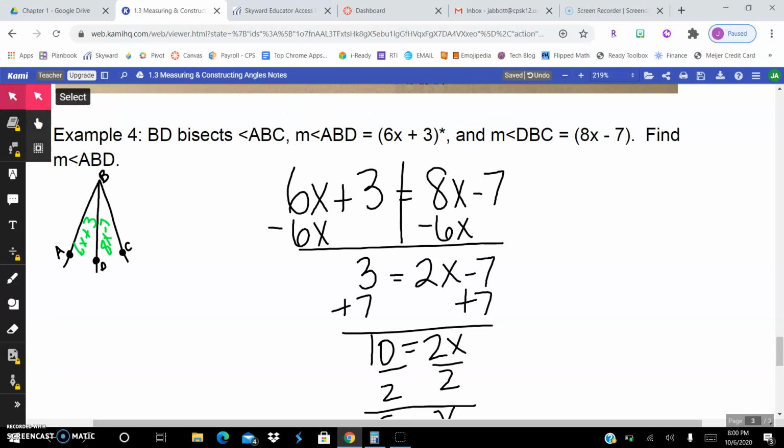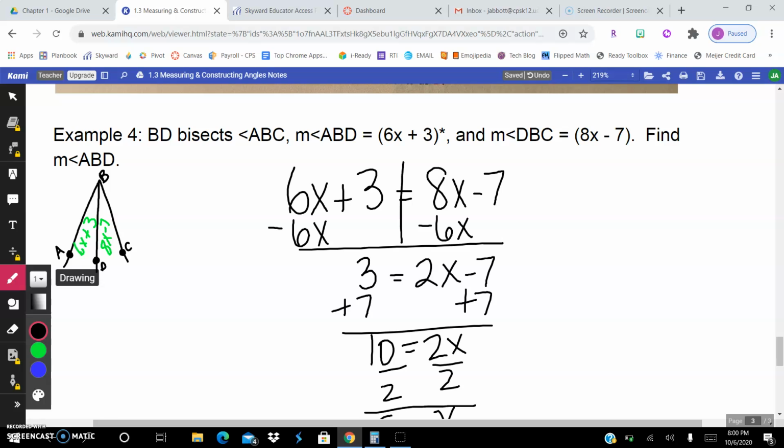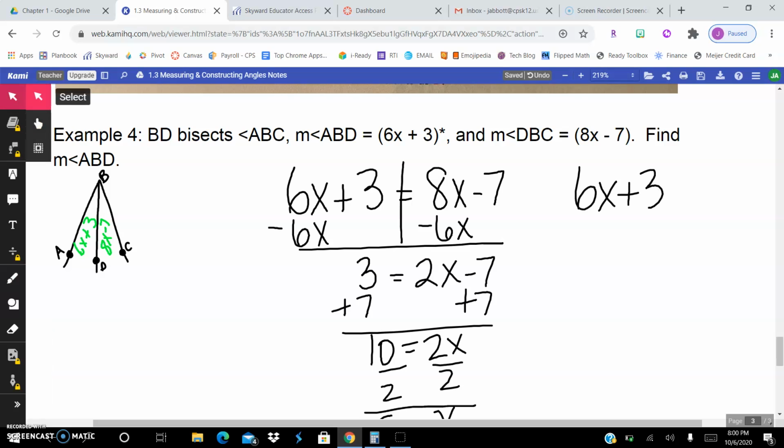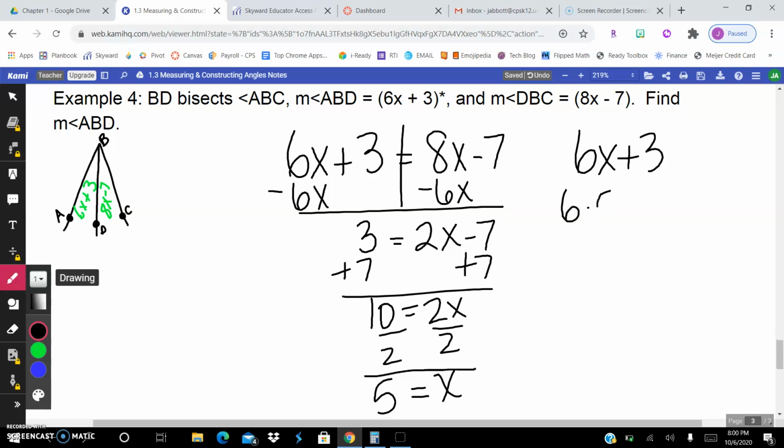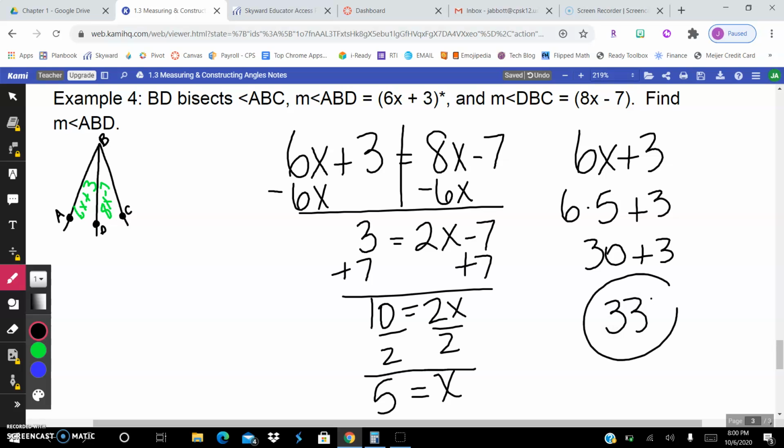They asked us what is the measure of angle ABD. And that was our 6x plus 3. So we have to solve for that. And we just figured out x was 5. So 6 times 5 plus 3 would give us 30 plus 3. So that angle is going to be 33 degrees.